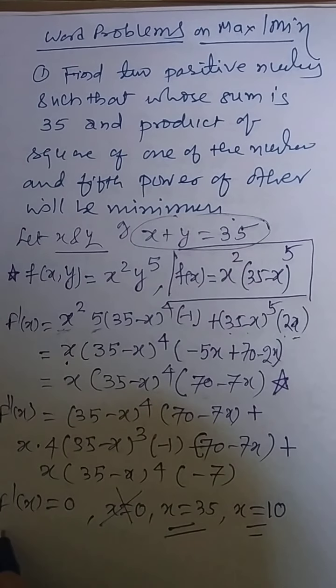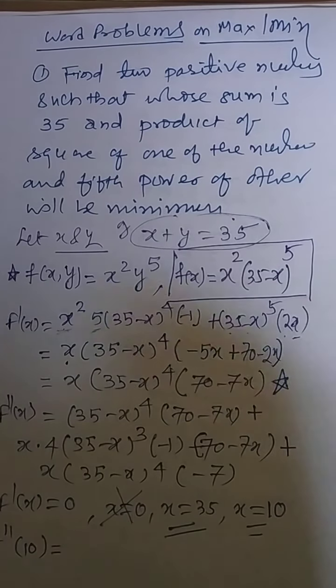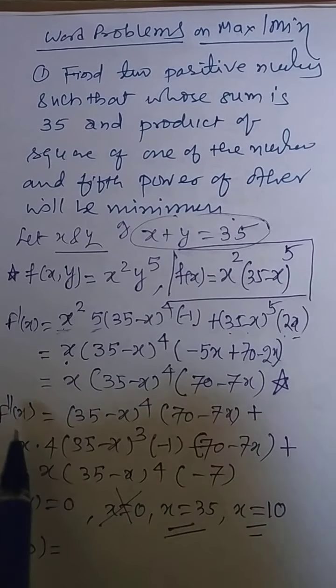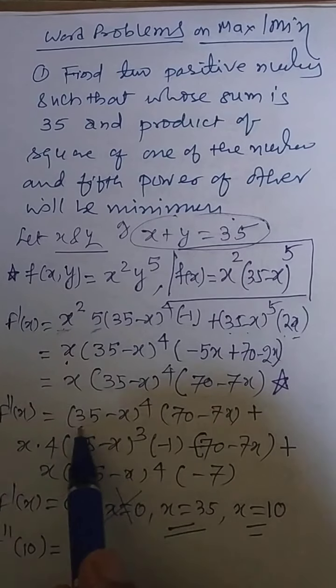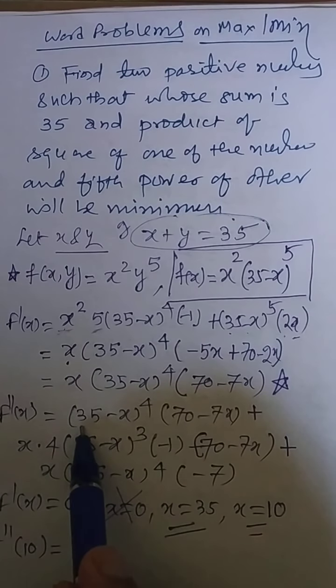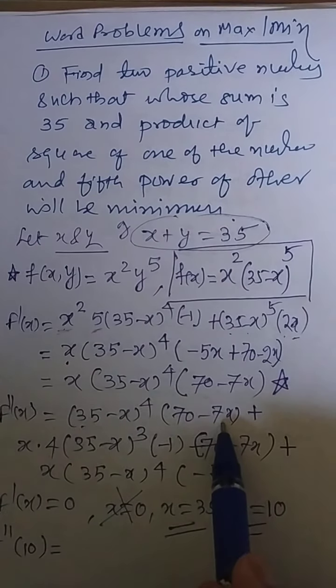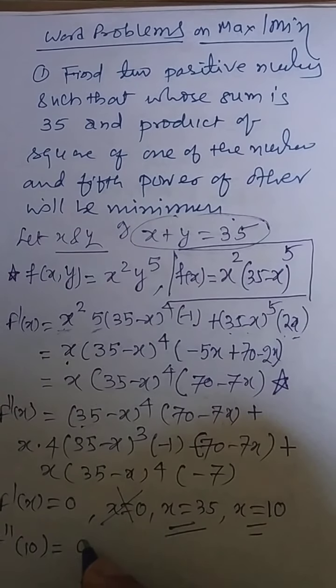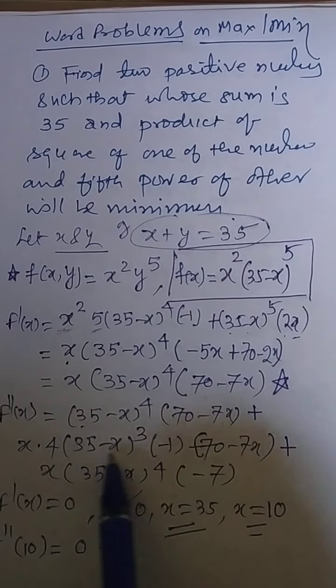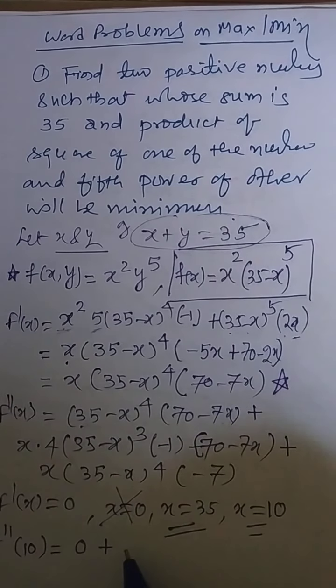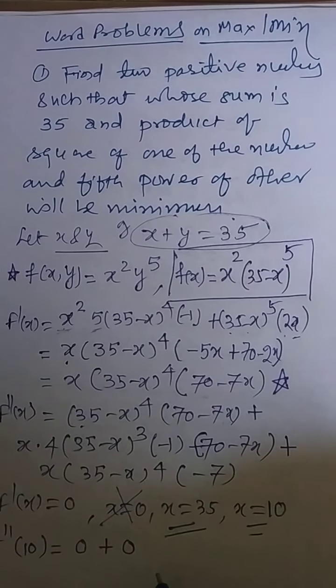So I am trying to find f double dash of 10. Now look here, we do not need to evaluate the entire expression. This is nothing but a positive number. Listen to this point carefully. This is a positive number. If I put 10 over here, the first term will be 0. In this expression also, if you put x equal to 10, this will also be 0.